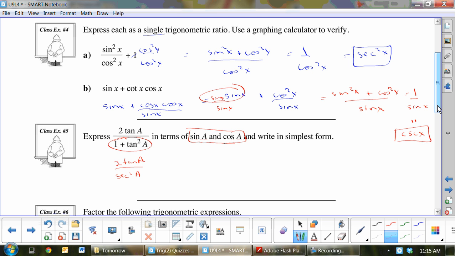And the second thing is get rid of all reciprocals and all tans and cotans.